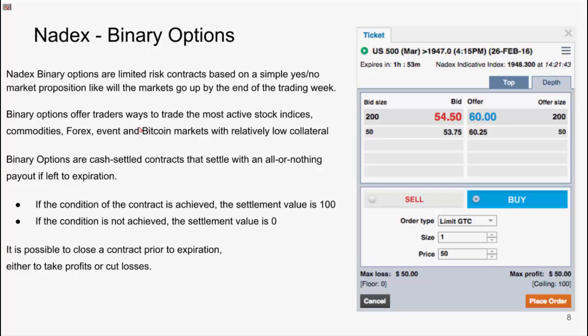Binary options are cash settled contracts that settle with an all or nothing payout at expiration. If the condition of the contract is achieved, the settlement value is 100. If the condition is not achieved, the settlement value is 0. It is possible to close a contract prior to expiration, just like you would with a traditional option, to either take profits or cut losses.